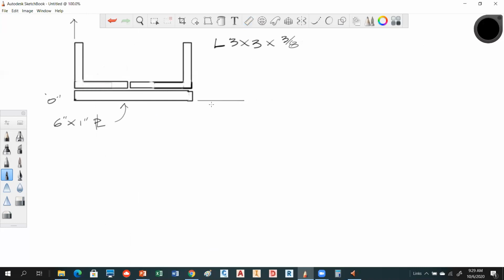This is x. This is y, okay? What does anybody notice about the way these are arranged?